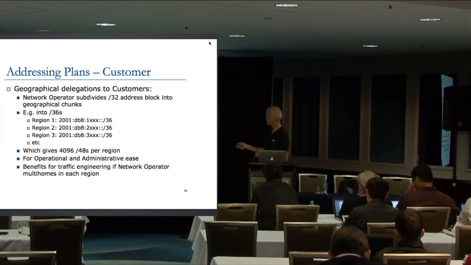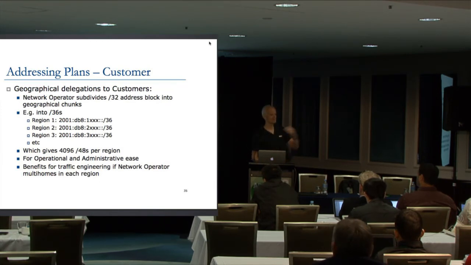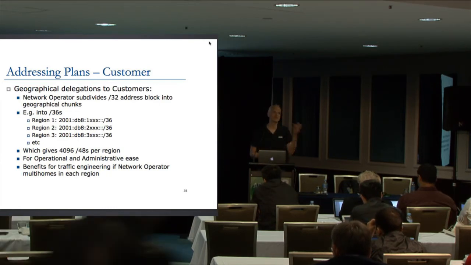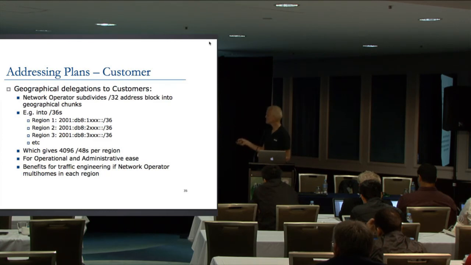Region 1 gets a nibble, region 2, region 3, and so you can start identifying where you're handing out address space per customer according to the region they're in. It gives 4,096 /48s, i.e. customers, per region, which makes it easier to remember the address space. And when you run out of address space, say you've got 3 regions, region 1 then gets 2001:db8:4, and so on.